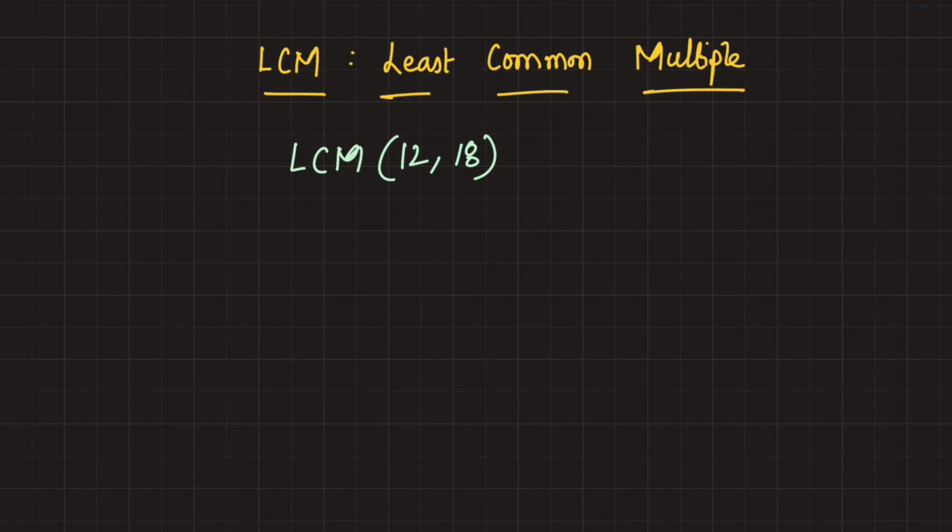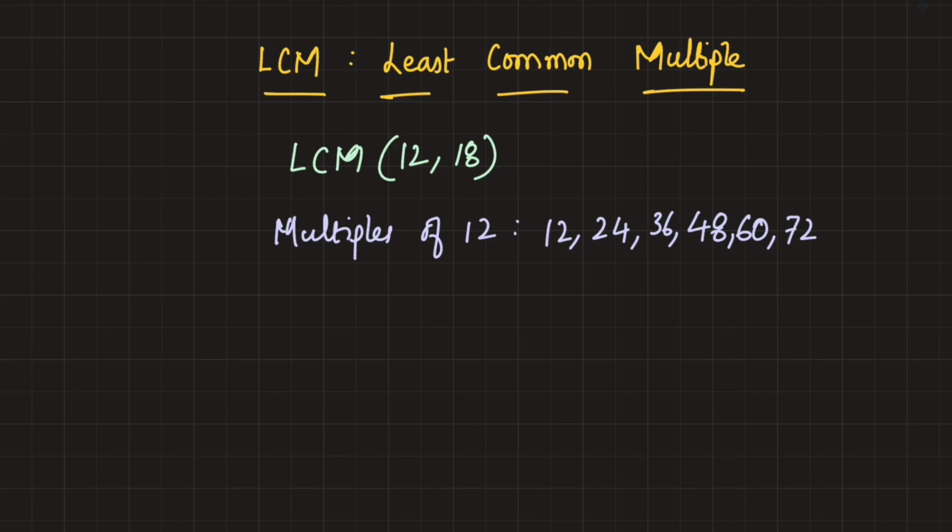We list out all the multiples of 12. They would be 12, 24, 36, 48, 60, 72, and so on. Similarly, let us list out the multiples of 18.